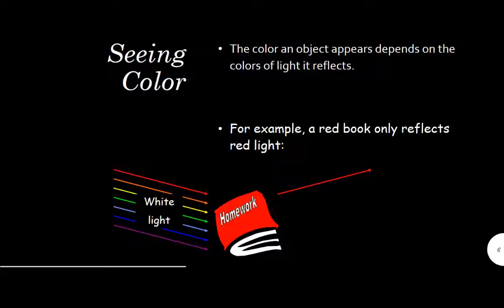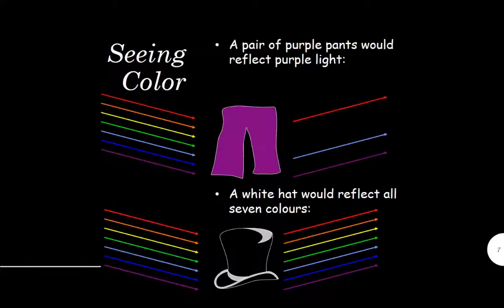When you see a notebook like this red, this is red because white light hits it and it absorbs all the wavelengths except the red wavelength. So only red light is being reflected back. Now, if we have a pair of purple pants and assume this is a white hat, it took out the filling here, so it's not perfect.